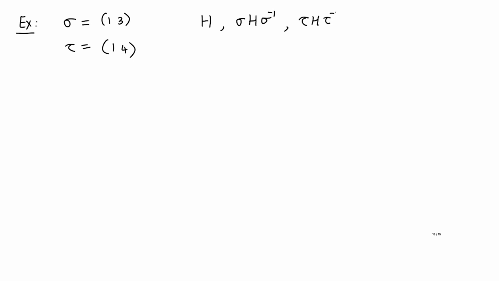And to finish off, let me tell you how to get the other ones. Let's take 2 of the other transpositions which are missing from H, so (1 3) and (1 4). Then look at the conjugation. So H itself, sigma H sigma inverse and tau H tau inverse.